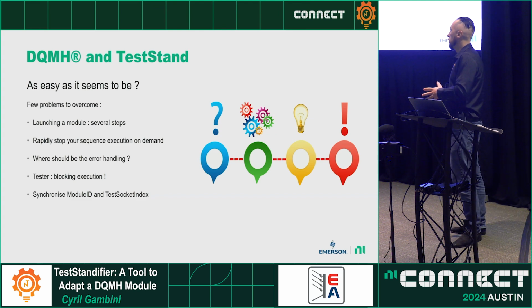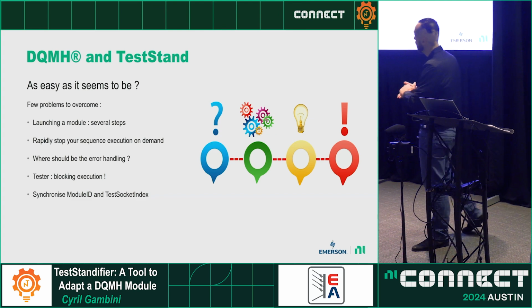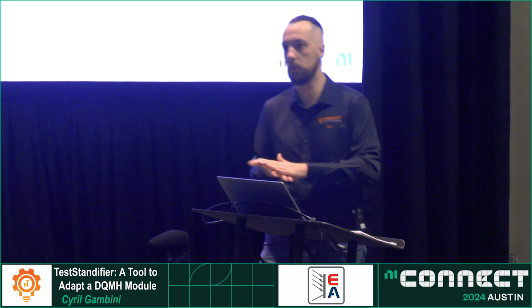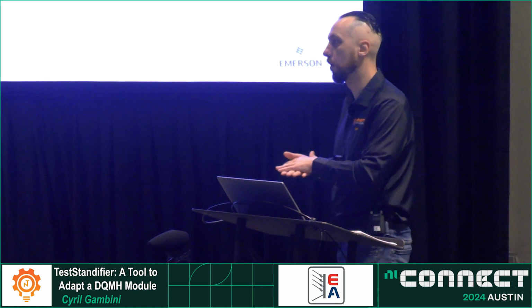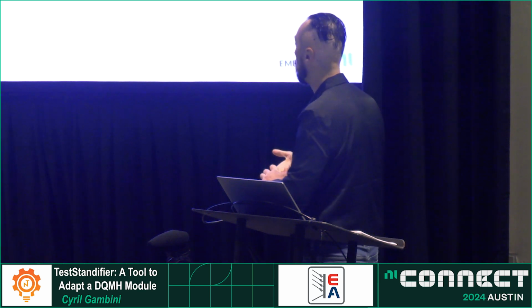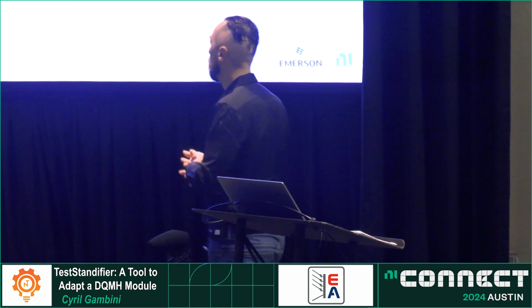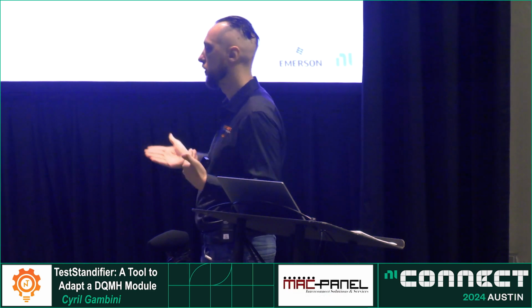Also, one of the benefits of using DQMH is to use a tester. For all the DQMH users, we know that the tester is a very crucial part of using DQMH. The tester allows you to see what's going on in your main VI. The main VI is hidden. It's running in the background in parallel to your sequence. So the tester is like a window onto what's going on inside your module.